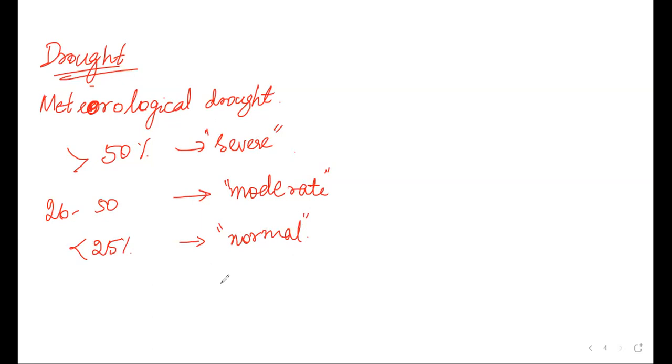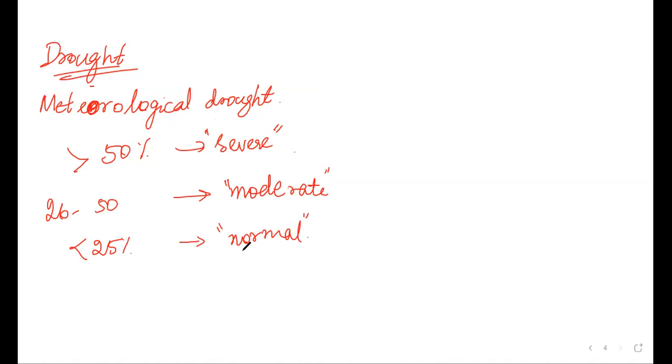So these are the different types of meteorological droughts in the country. Meteorological drought is related to the rainfall distribution pattern. What are the causes for meteorological drought to occur?